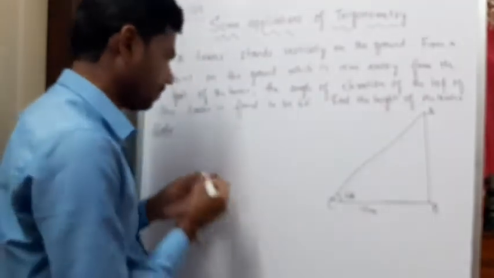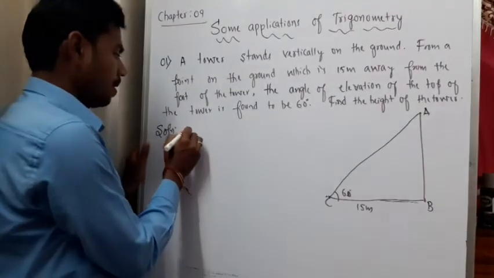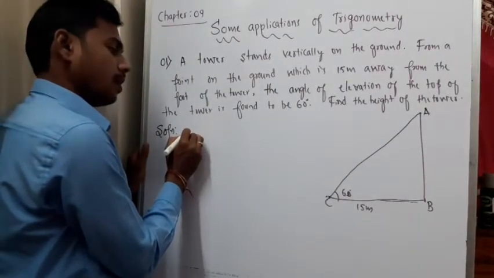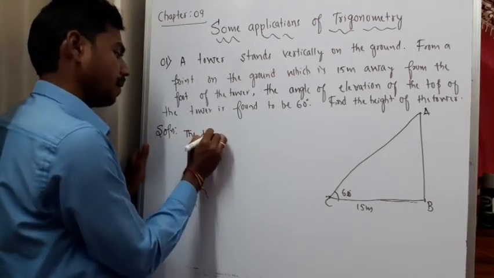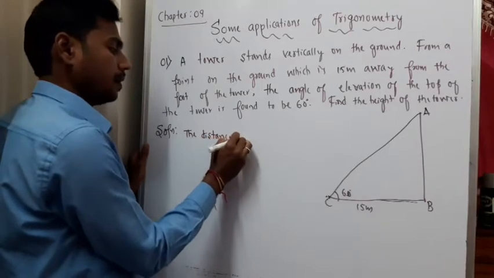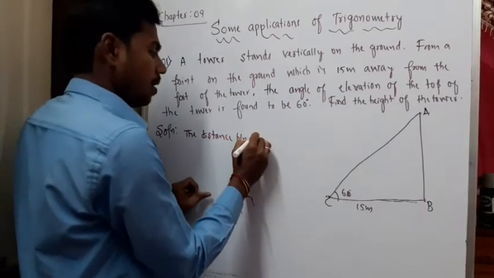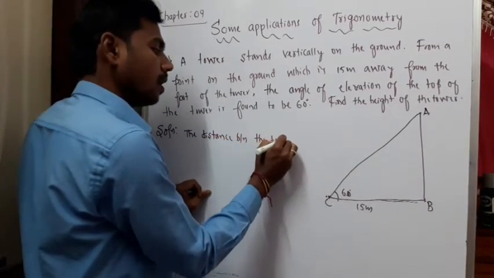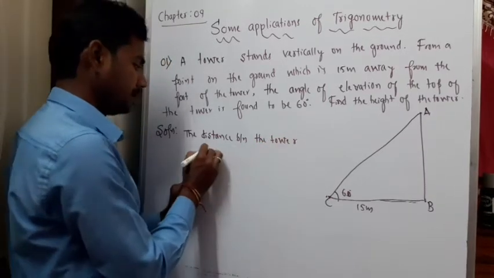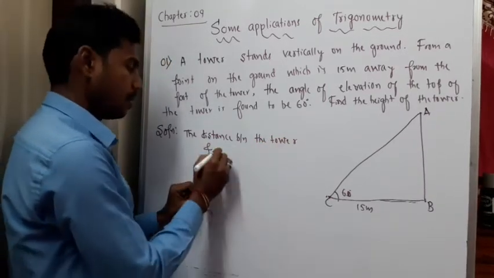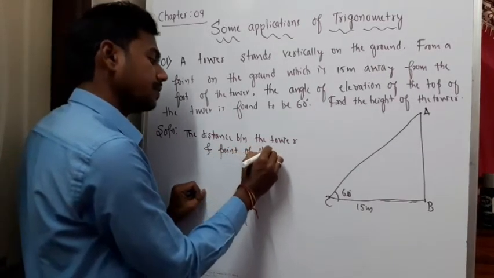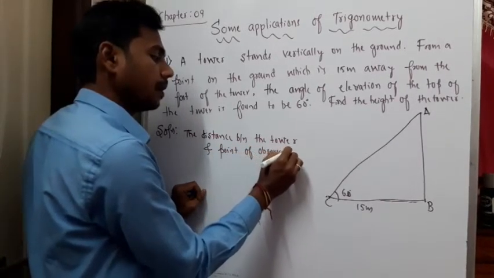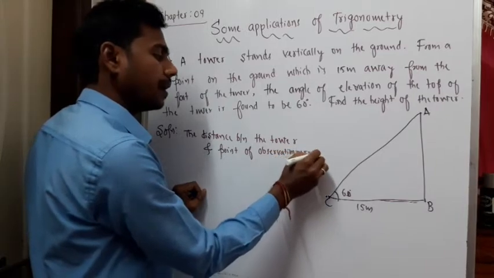So now, the distance between the tower and the point of observation is equal to 15 meters.